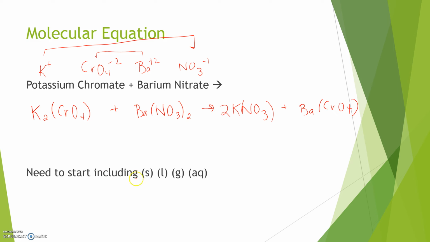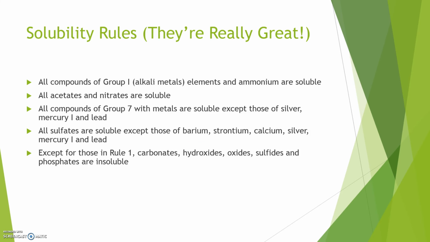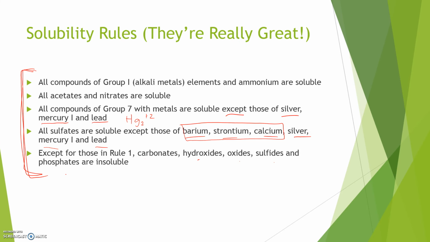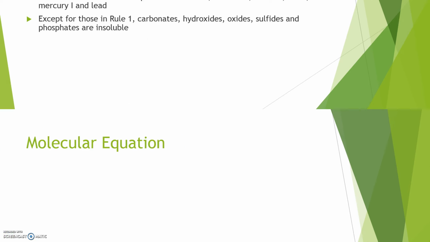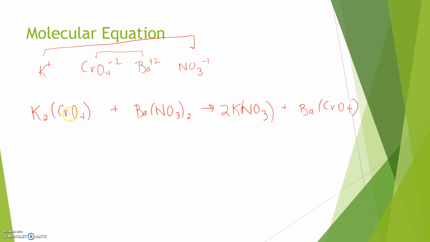So now we need to start including solid, liquid, gas, and aqueous. So here I have potassium chromate. If I flip back to my rules, all compounds of group 1 with alkali metals are soluble, which means they are aqueous. So anything with group 1, so this potassium here, this is aqueous. And the potassium here, this is aqueous.